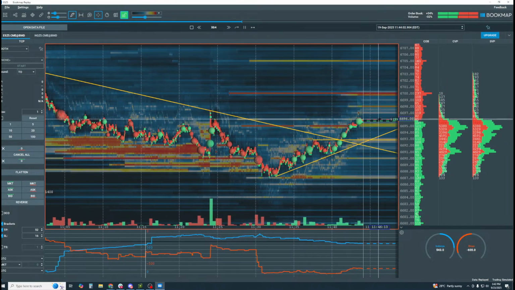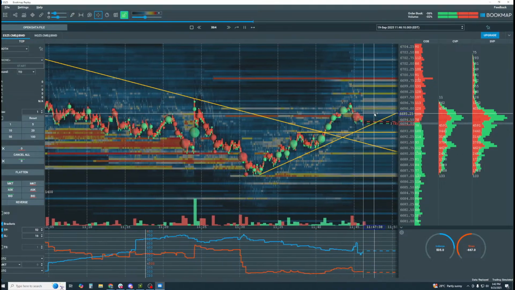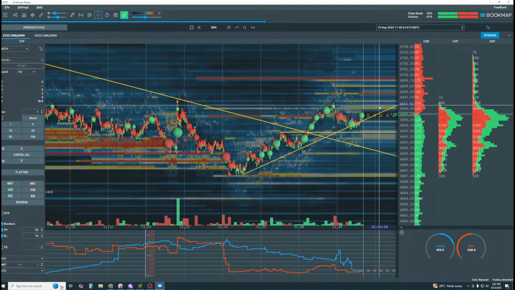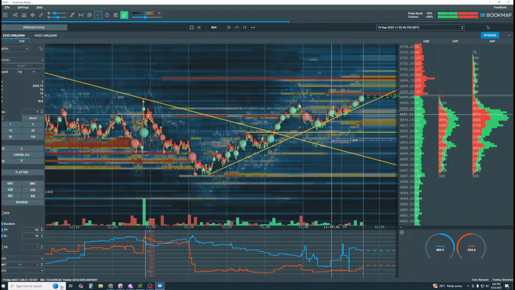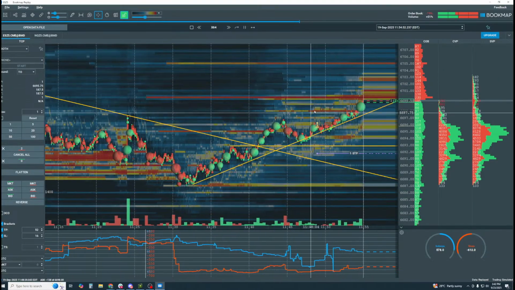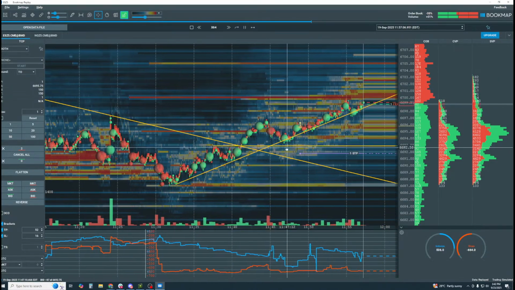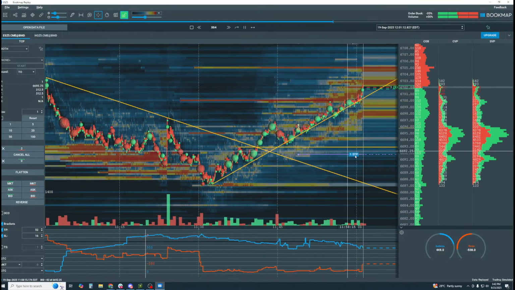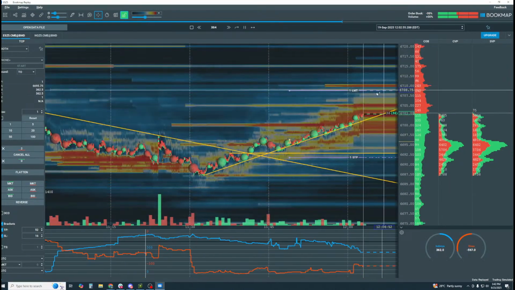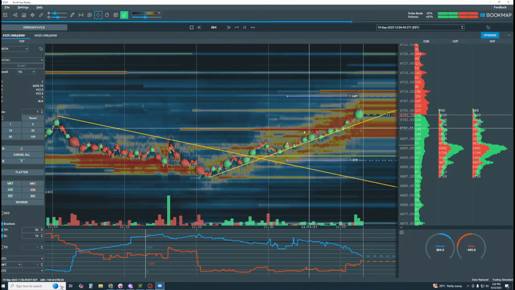Okay, there it is, right there. I'm going to get in on this swing back up and let the strength carry me in to the trade here. In this case, this didn't even really go against me. This was pretty straightforward.